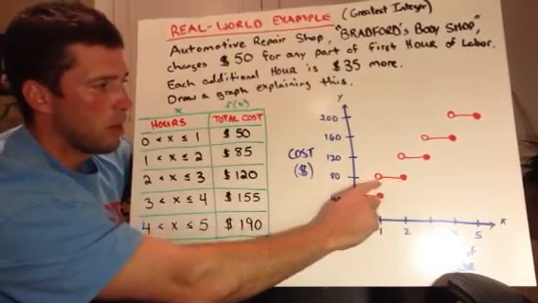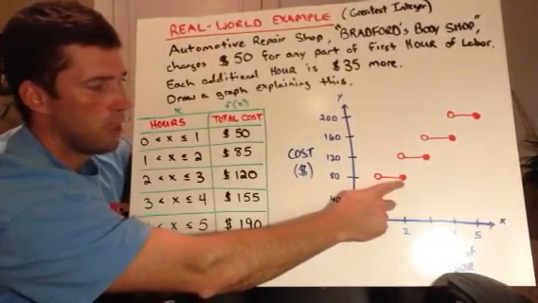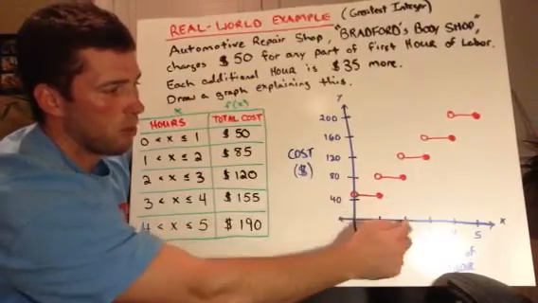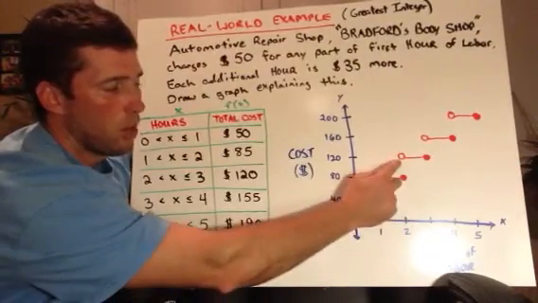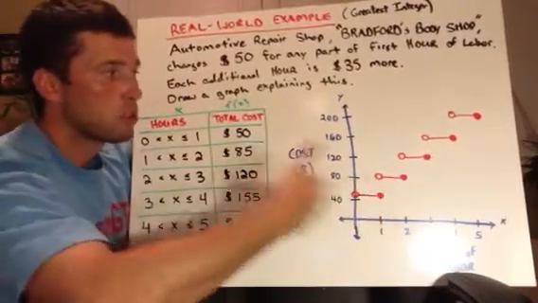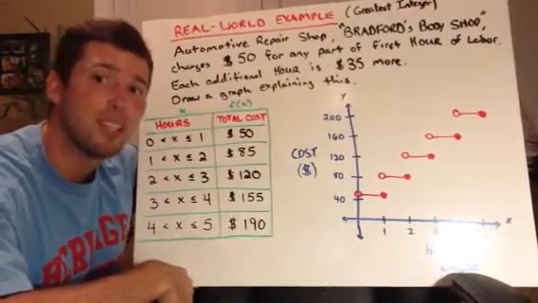Okay? But anywhere in between the 1 hour mark and the 2 hour mark, I'm basically charging you the 85 regardless. So if you go into the third hour, you've automatically got to pay the 120 bucks. So whatever hour you start, you have to pay the higher value. Okay? That's a step function. That's a greatest integer function.